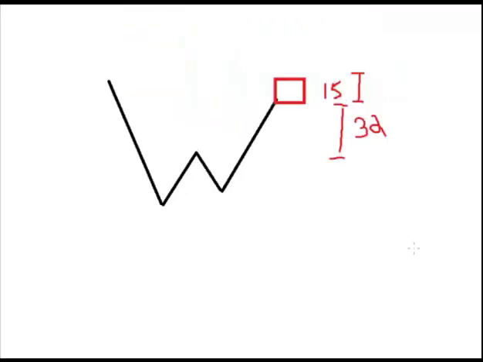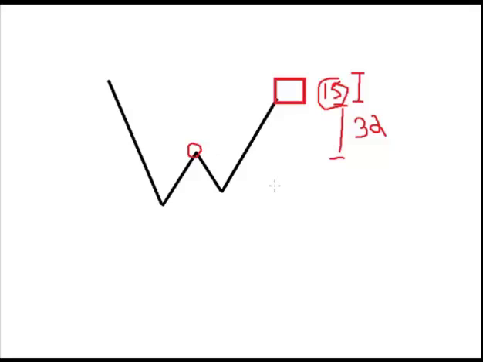Okay, so let's look at one more. Here we have a Gartley pattern and we have a PRZ window of 15 pips. Our first target point, being the B point, is 32 pips below. So what's our risk versus reward?